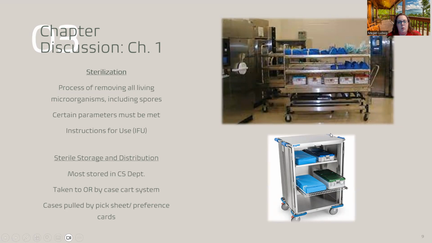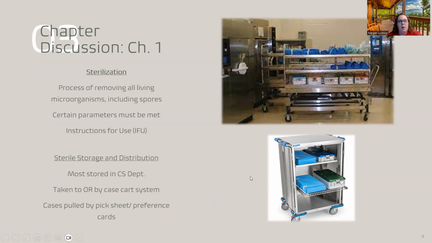Okay, so in your department you might have a computerized system that will print off what a particular surgeon needs for that particular surgery. And then you're going to go around your department and pick the trays, the instruments, the packs, whatever they are, according to what we call either a pick sheet or a preference card, preference sheet.